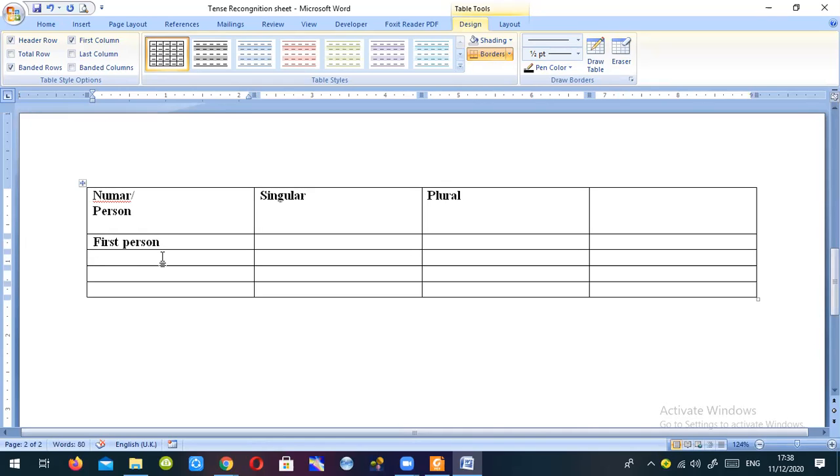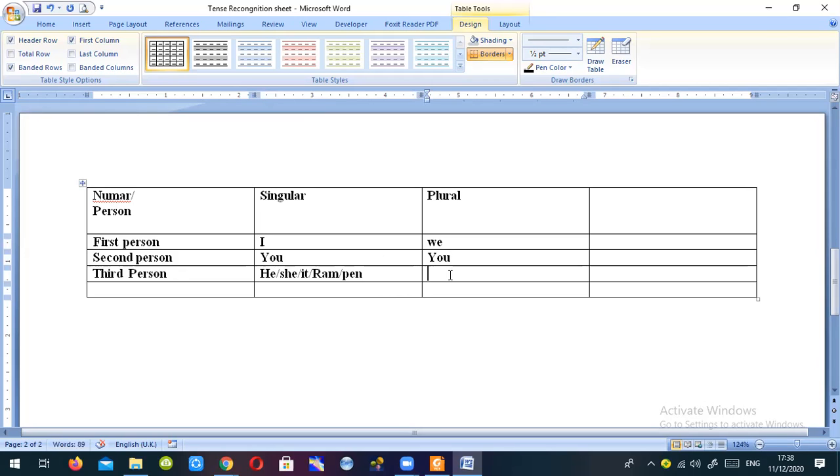This is my experience, right? I'm not saying any other thing. Second person, and you can say third person. And you can write here the pronouns: I, we, you, and again you. Here you can write he, she, it, any other single name, Ram for example, pen, right?